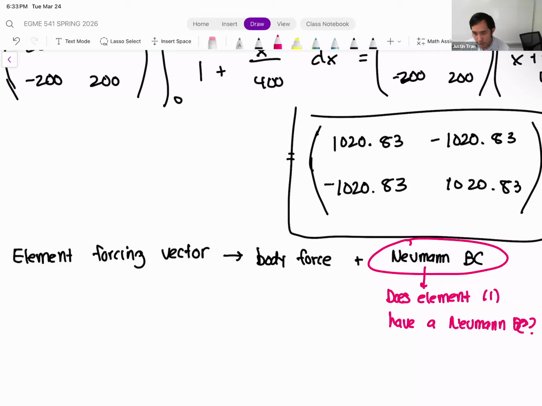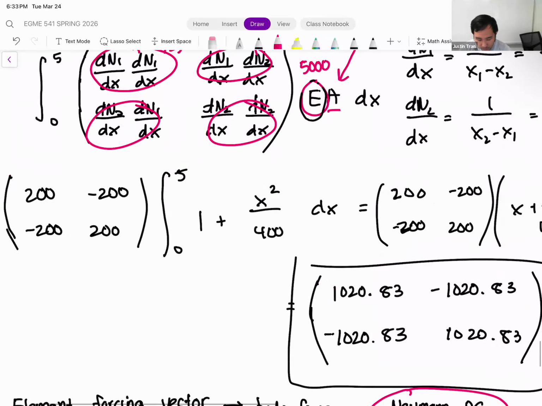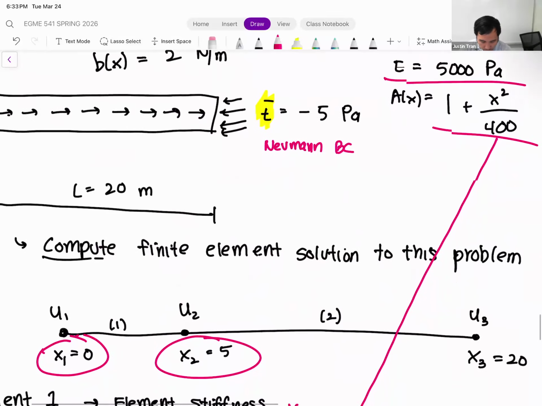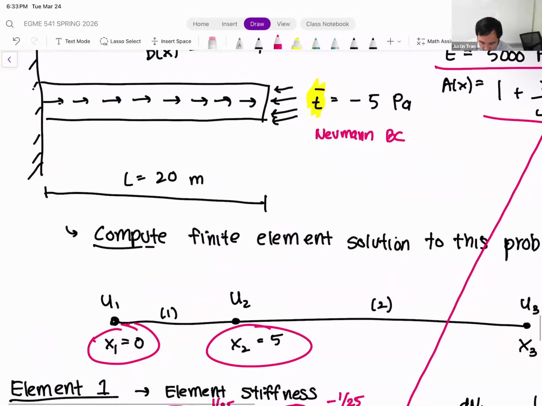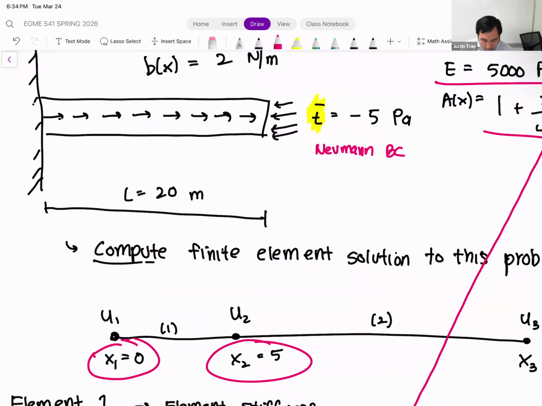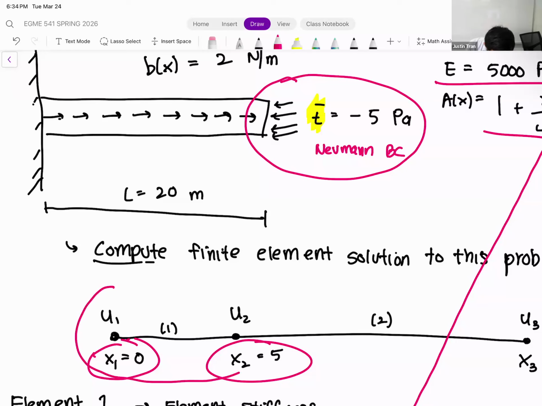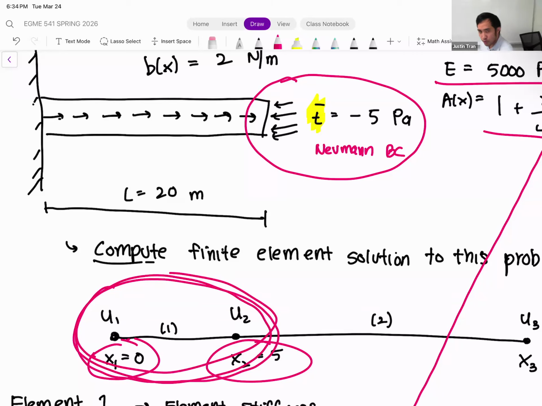Okay, so to answer that question, we do need to go back to the problem. And so our problem is given by this here, right? And so we know that the Neumann boundary condition is being applied on the right-hand side of the domain. If we look at element 1, it is this portion of the geometry right here, the portion connected to the fixed wall up to a midpoint, not really the midpoint, but somewhere in the middle of the domain.